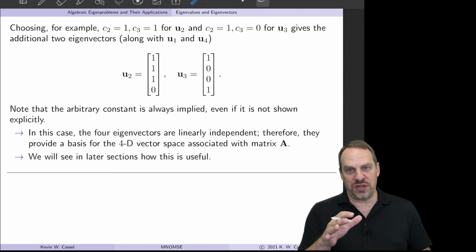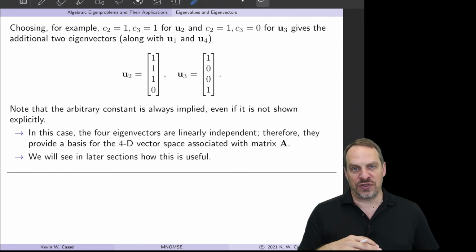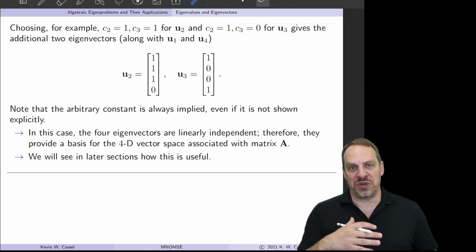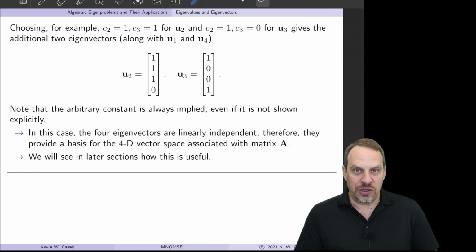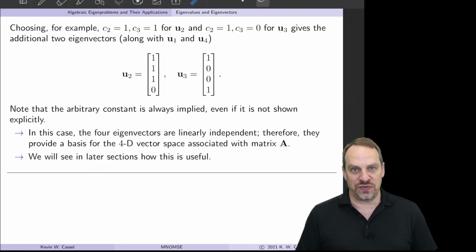They're linearly independent, and they're four-dimensional. So I could use those as a coordinate system or as a basis for the four-dimensional vector space. And any vector in that 4D space could then be written as a linear combination of these four eigenvectors. It'll be clear in later sections why I'm even thinking in these terms of using eigenvectors as basis vectors.